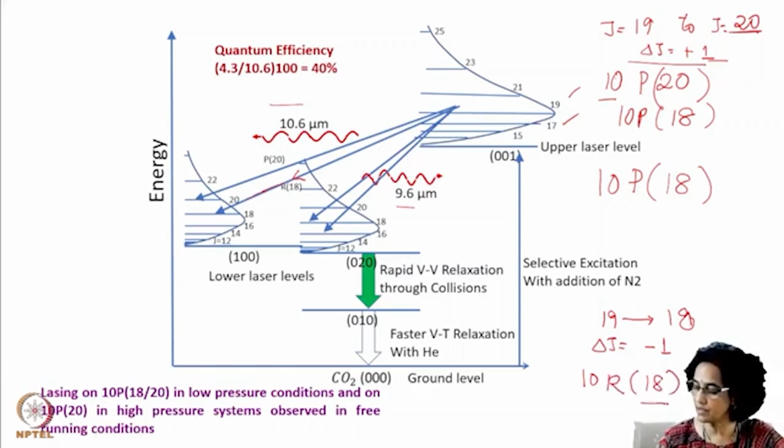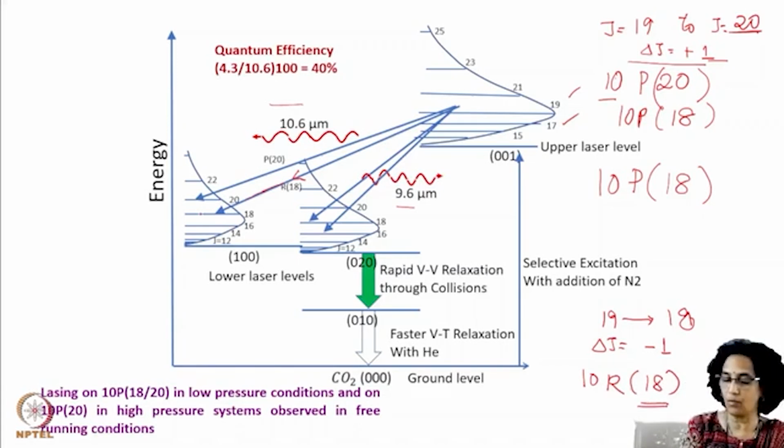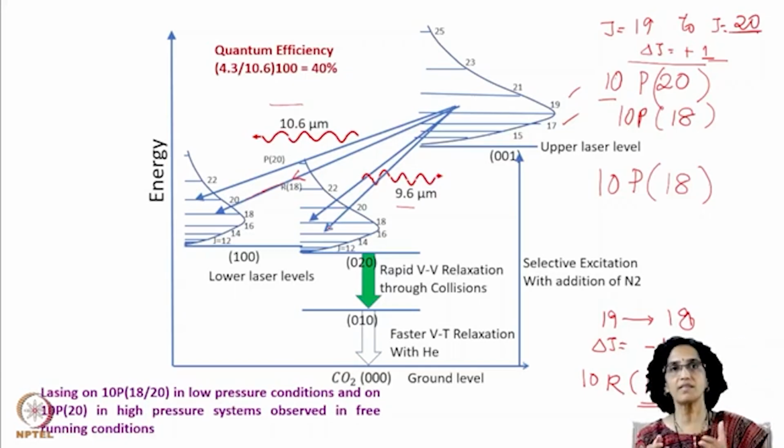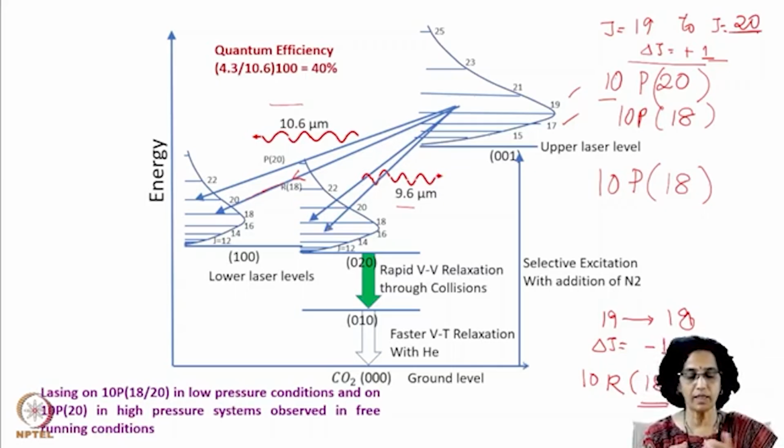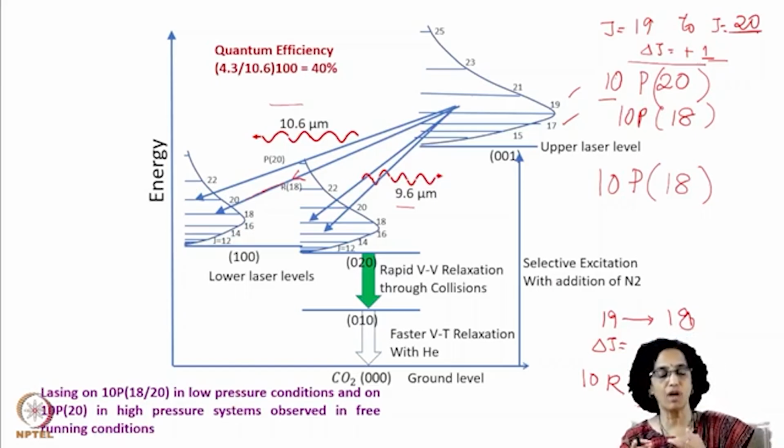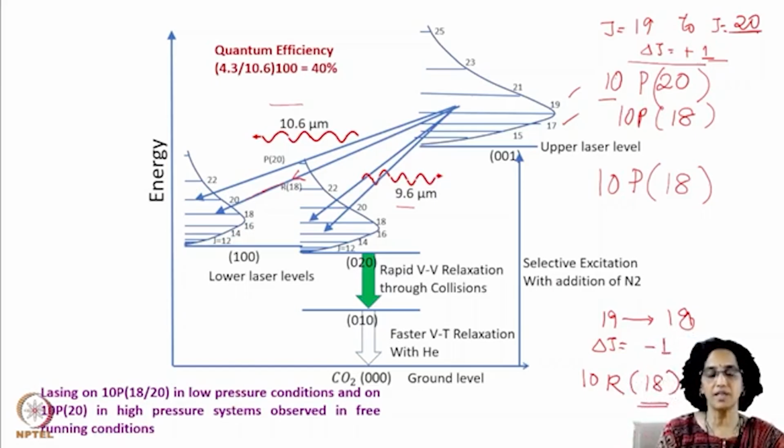We always use the terminal level for denoting this transition. Similarly, you can make nomenclature for 9P20, 9P18. I'm just saying 9P18 or 10P18 or 10P20 because under the normal operating conditions, the kind of temperature you have in a discharge, these transitions are most common.